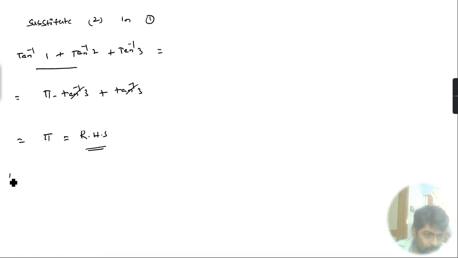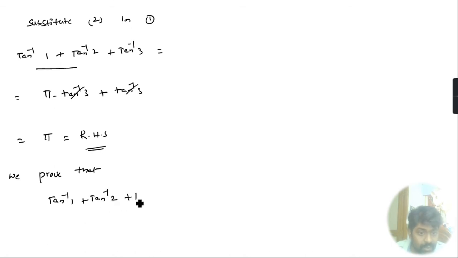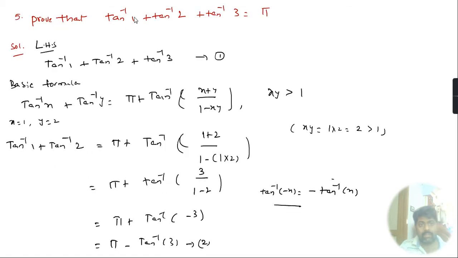So therefore we prove that tan inverse of 1 plus tan inverse of 2 plus tan inverse of 3 is equal to pi. So we just revised that problem.